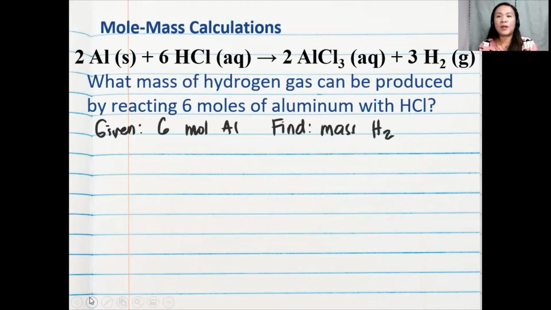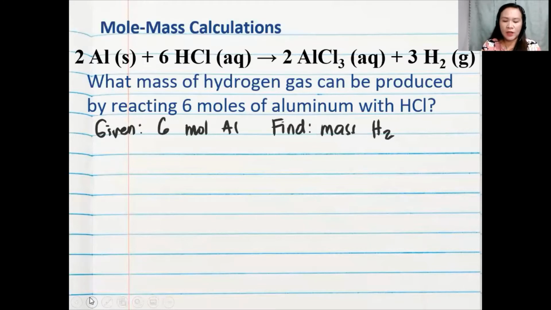So how do we solve this kind of problem if we are now involved with the mass? If you remember in our calculations last week, we actually calculated the molar mass. And so we need now the molar mass of what? Are we going to get the molar mass of aluminum or the molar mass of hydrogen? So for this problem, since we need to find the mass of hydrogen, then we need to get first the molar mass of hydrogen.